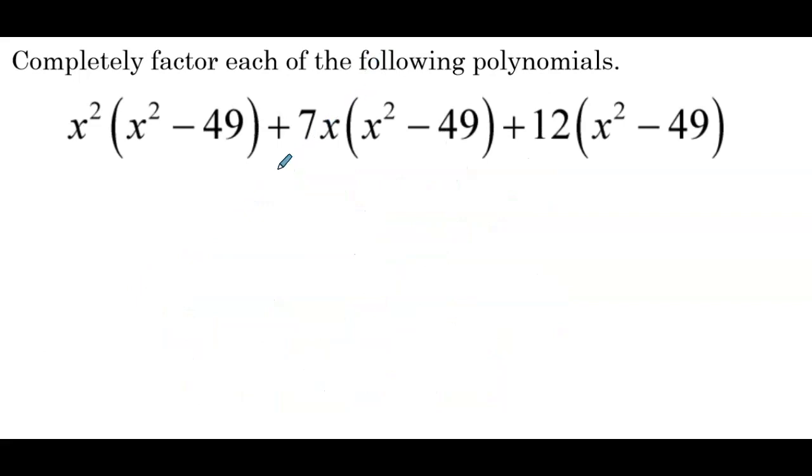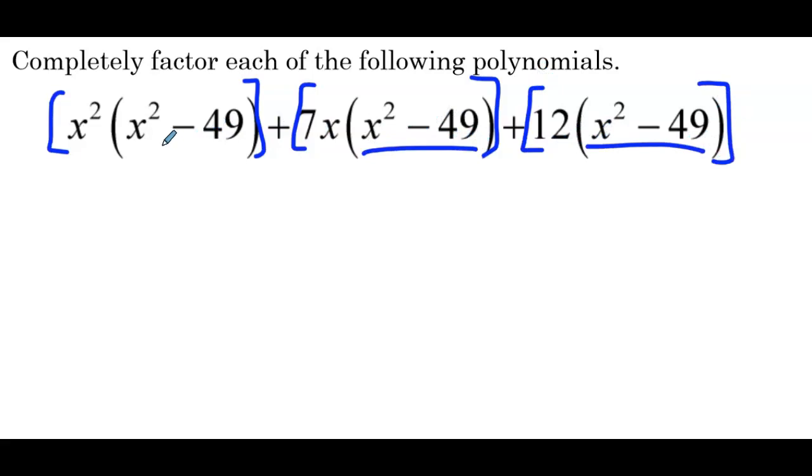Okay, x squared times (x squared minus 49) plus 7x times (x squared minus 49) plus 12 times (x squared minus 49). Well, if we treat this as three big terms, then x squared minus 49 is the greatest common factor in each of those.